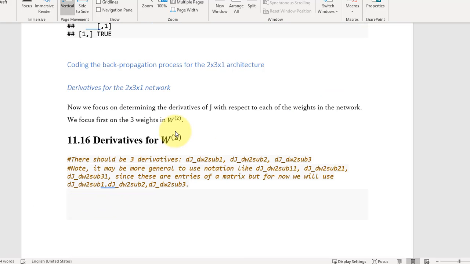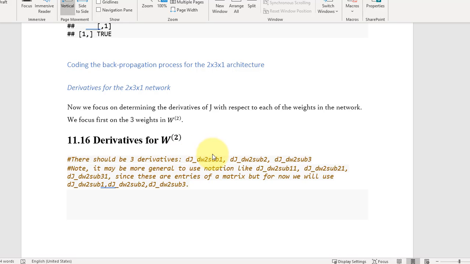We'll work first on the weights in W2, and then on the weights of W1. In W2 there are 3 weights, so there should be 3 derivatives: dJ dW2 sub 1, dJ dW2 sub 2, dJ dW2 sub 3. We need to know all of those.